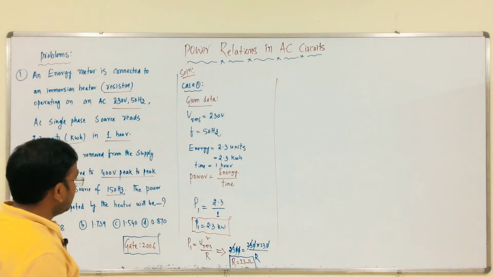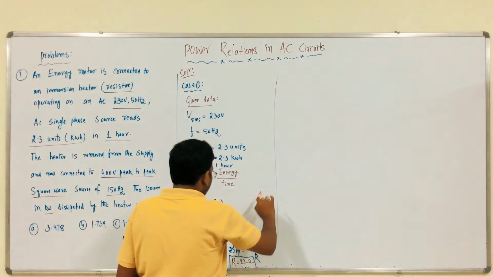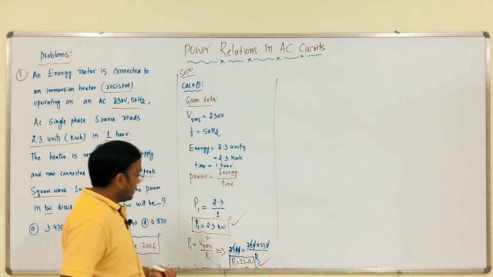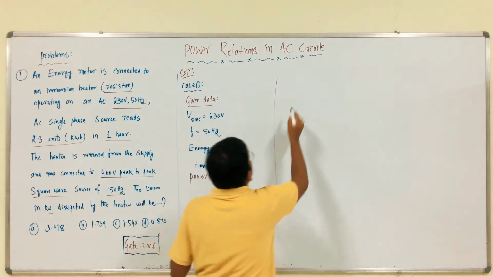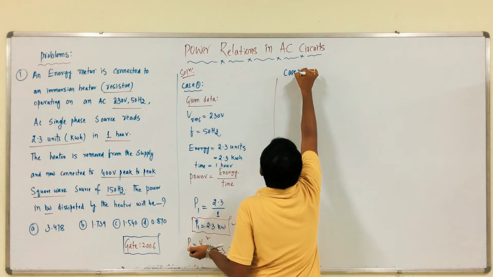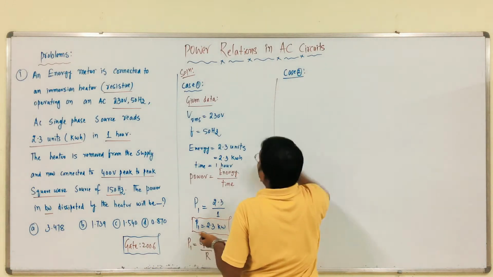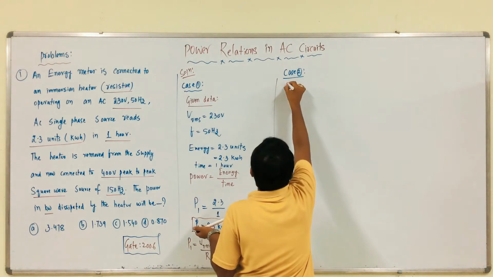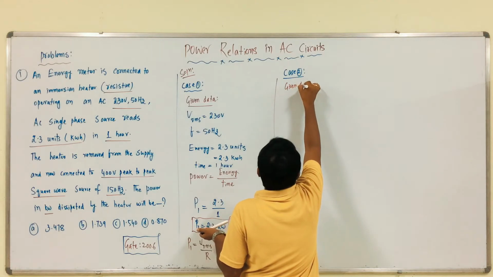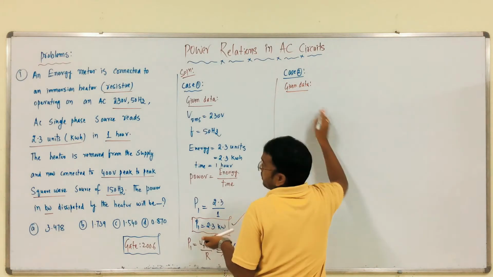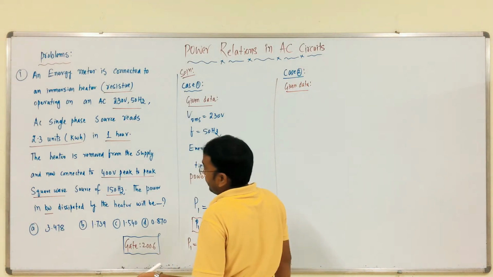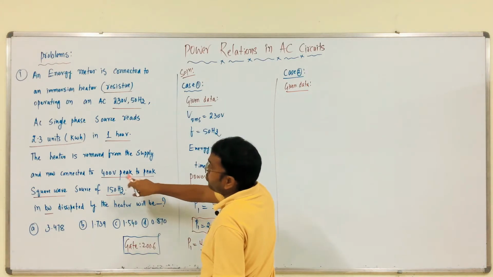From case 1 we have the power and the value of resistance. Next, case 2. What is case 2? The given data is what? Later it is connected to a 400 volts peak to peak square wave.